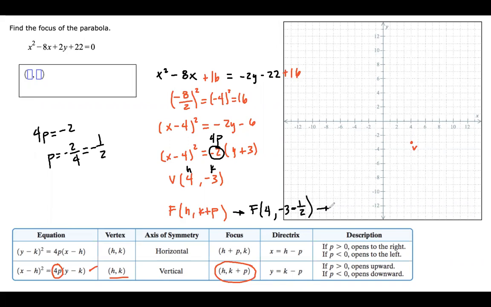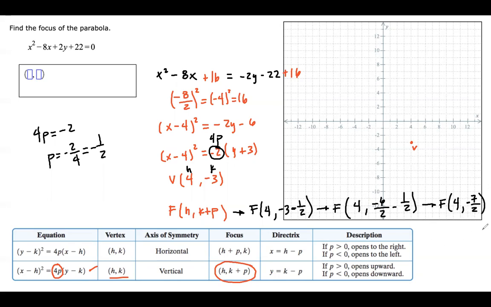This will end up as 4 comma minus 3 can be written as minus 6 over 2, minus 1/2. That will end up as 4 comma minus 7 over 2.